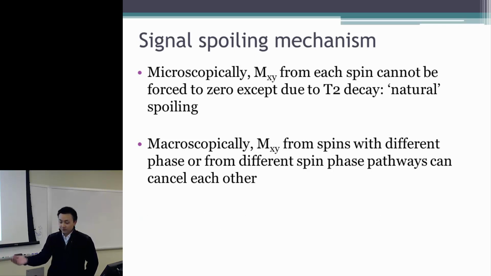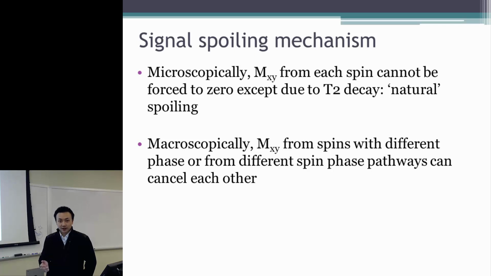Because microscopically, for each TR, for each spin, it actually cannot be forced to zero except due to the T2 decay, right? You can just modify its phase or direction by applying the gradients and RF pulses, but it really does not change back to zero.